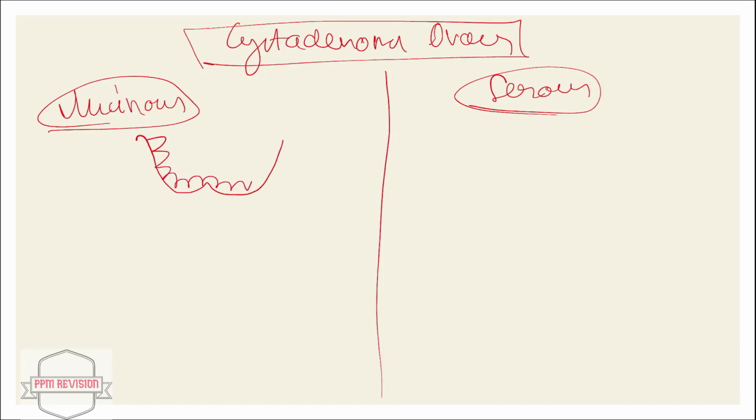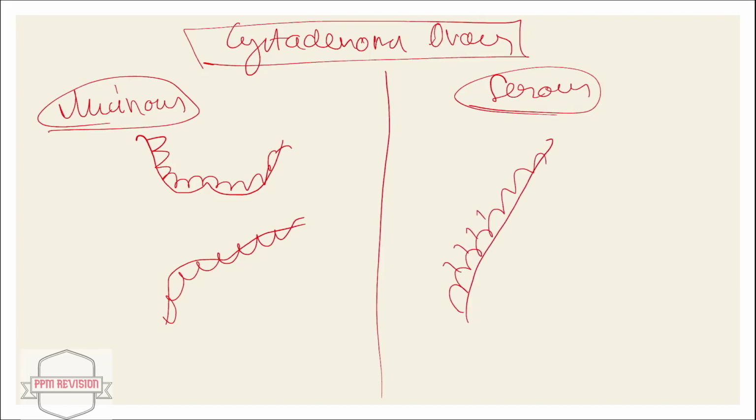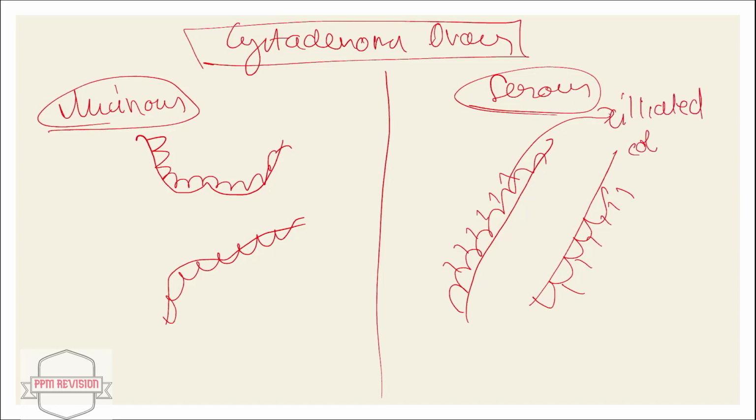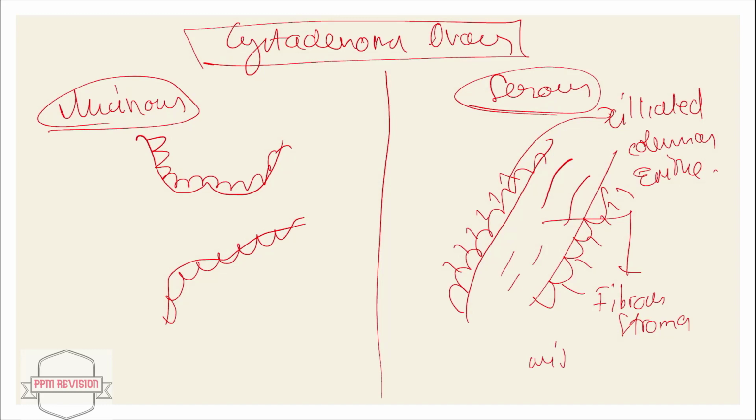Now looking at the diagram here, I'll be drawing it side by side. This is the ciliated columnar epithelium, and this is the fibrous stroma with collagen fibers.